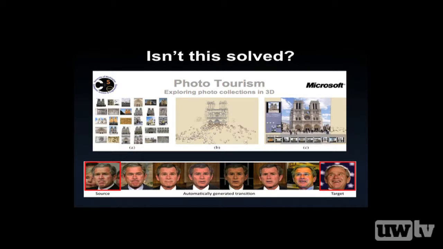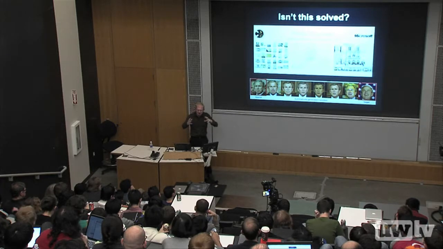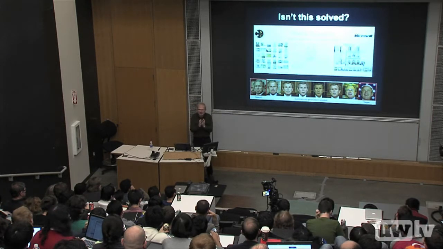Now, the issue here is that the way this is done is by picking domains where the distance metric has somehow been figured out.